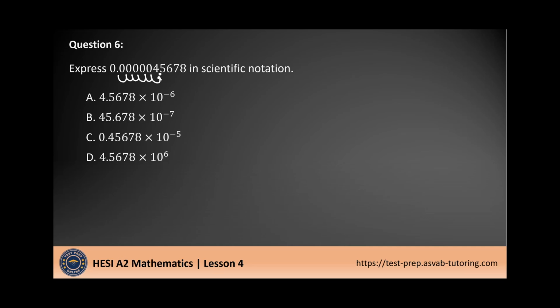And in this case, we moved our decimal to the right, so it's going to be negative. Our exponent is going to be negative. So we'll rewrite that number with the decimal moved, 4.5, 6, 7, 8. Nothing gets dropped off here because these are all values, all the way down to the 8 in that 10 thousandths place. And then times 10 to the negative 6.